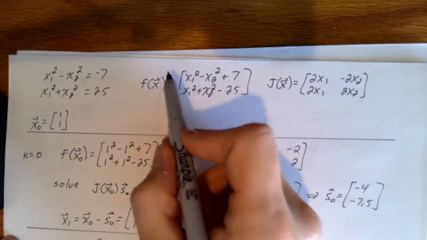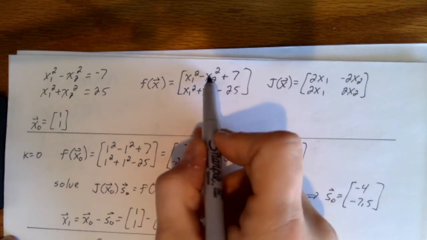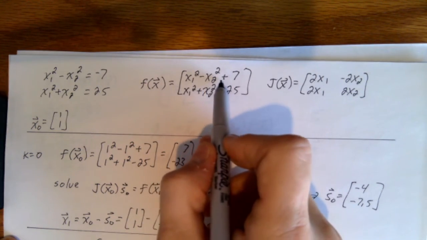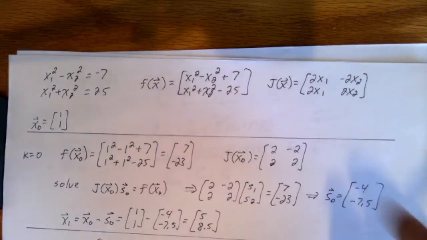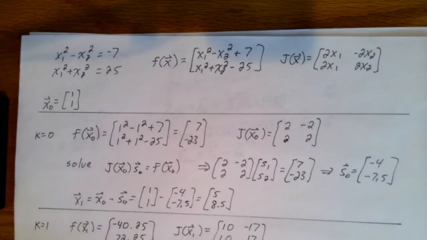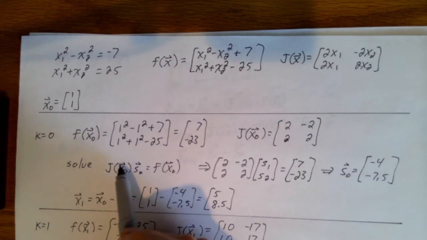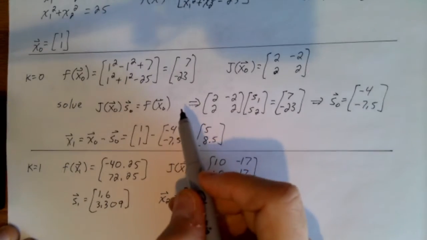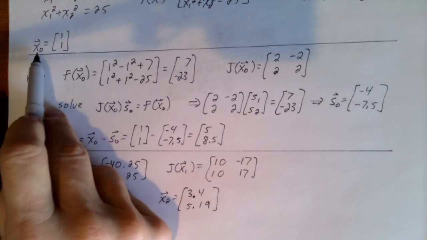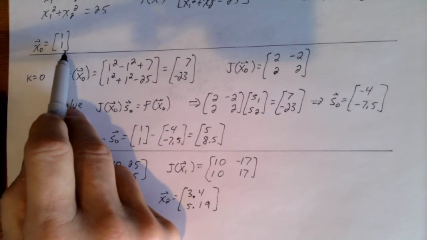So in each iteration, we're going to plug in the current guess for x to reduce these to vectors or a matrix here. So I've worked out the first couple iterations by hand to show you how this works. So I'm going to start off with our initial guess of 1, 1.